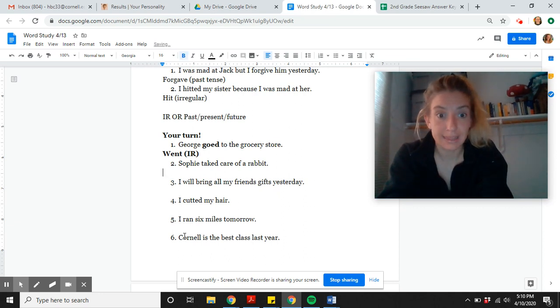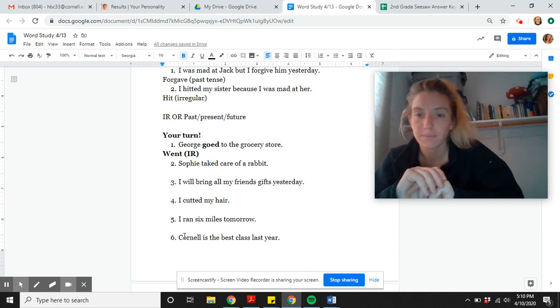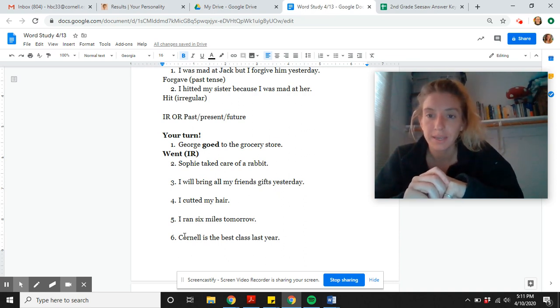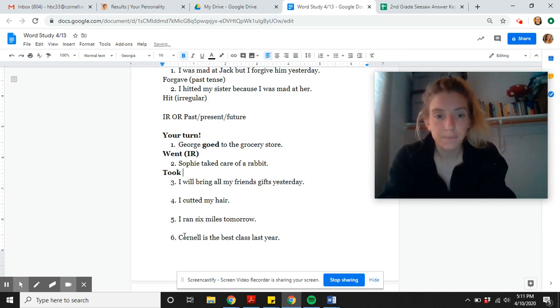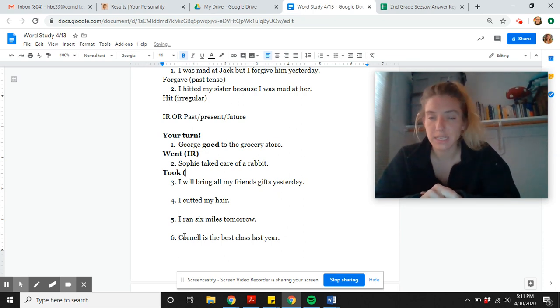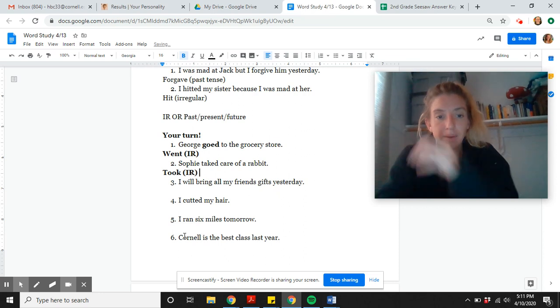Taked is the wrong word there because taked is not even a word at all. What is the correct word? Not Sophie taked, but Sophie took. And that's a problem because why? Is it in the wrong tense or is it irregular? It's irregular because took is the past tense of take, not taked.